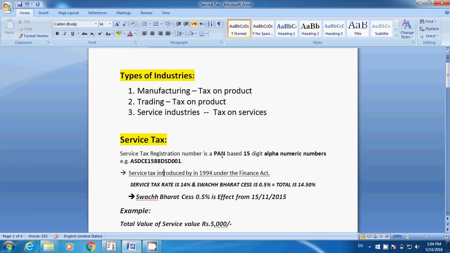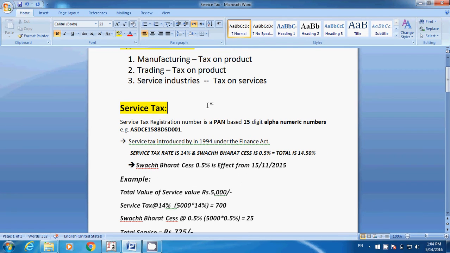Coming to service industries, here tax is applicable on the service part. For example, installation charges, any legal expenses, any courier service charges. On that we'll calculate service tax.